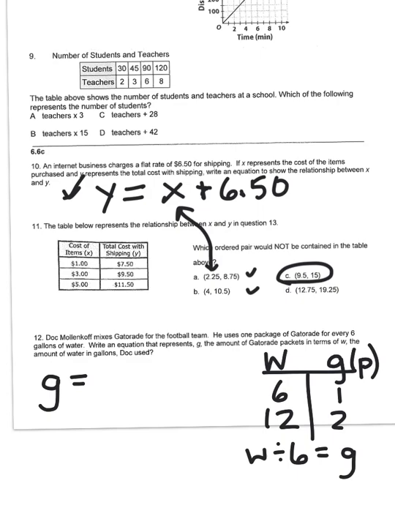So again, the right side of that T-chart is like the Y, and the left side is like our X. So you can write this a couple different ways. We can do gallons of water divided by 6, and if you also wrote it 1/6 times your water gives you your Gatorade packets. Either way is correct.